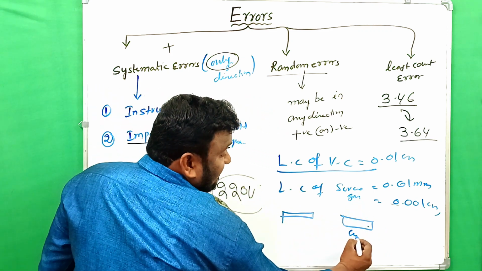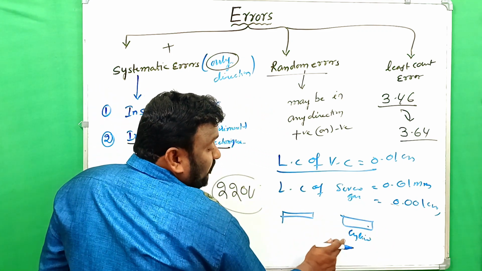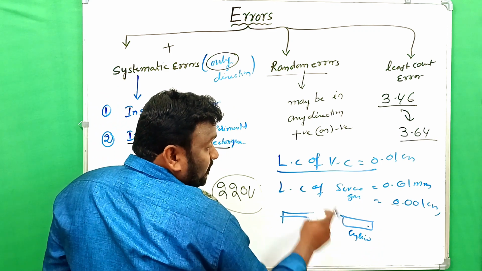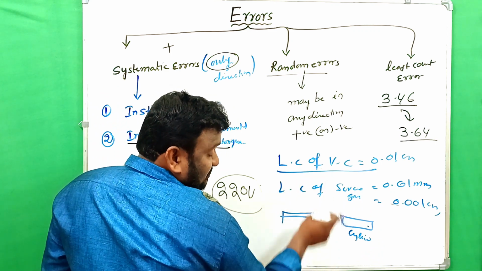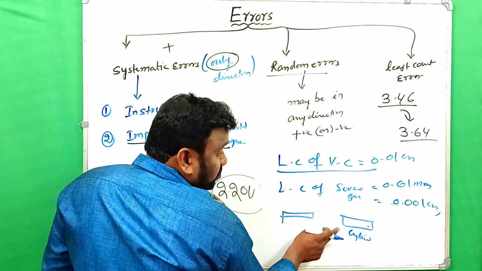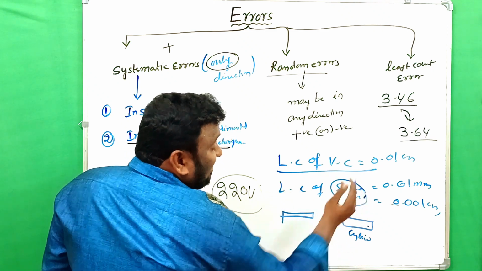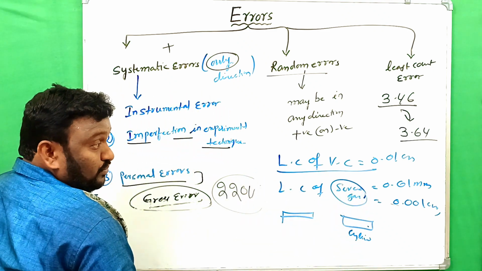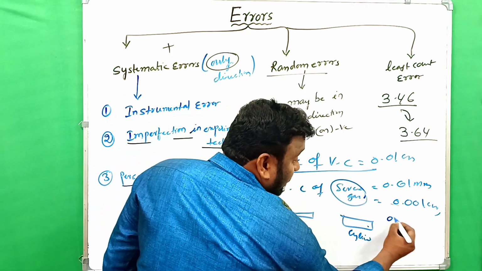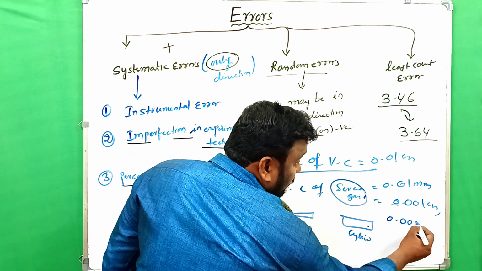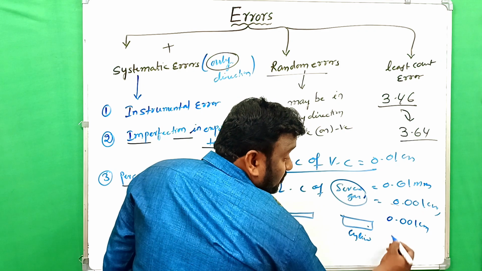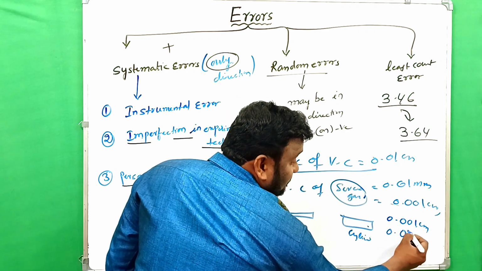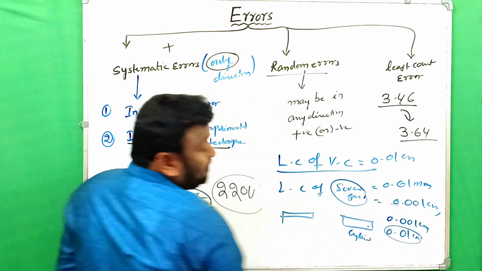So this is the one cylinder. You want to find out the length by using the vernier calipers and the screw gauge. Of these two, the screw gauge will give the more accurate value because it measures up to 0.001 centimeters, but the vernier calipers is 0.01 centimeters only.